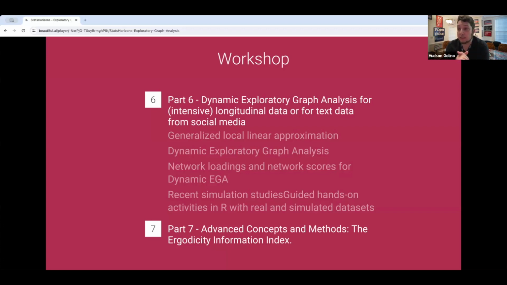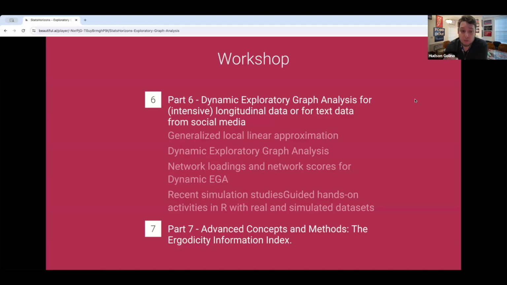And we developed a technique called dynamic exploratory graph analysis, which can identify the dimensionality structure using network psychometrics for one single individual, for a group of individuals, or for the population, when the data is a multivariate time series or intensive longitudinal data.